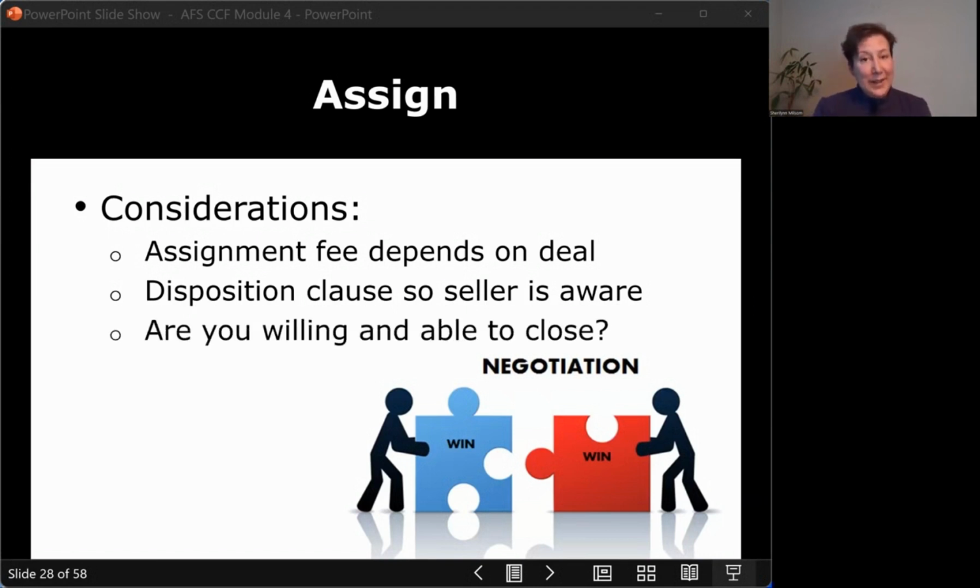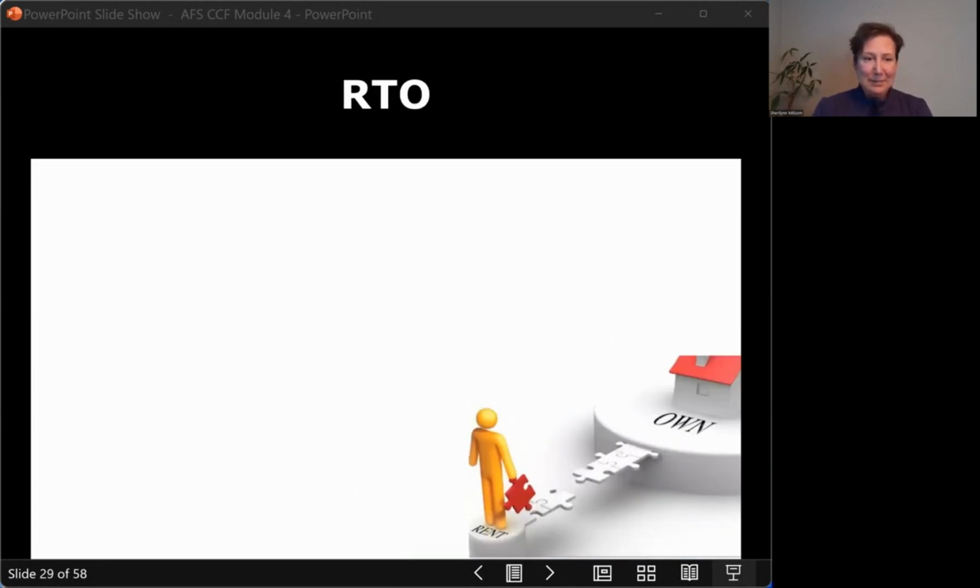And as usual, my opinion is that you should never sign a purchase contract on a property that you are not willing and able to close on yourself, because if you are signing that purchase contract, can't find a new buyer to assign it to, and then you're canceling that contract, that could really be messing with your seller. So I personally highly discourage that.